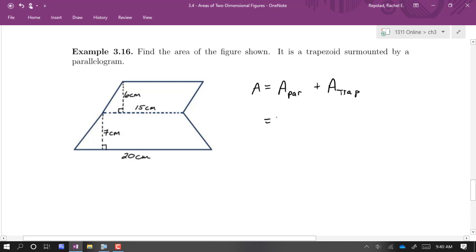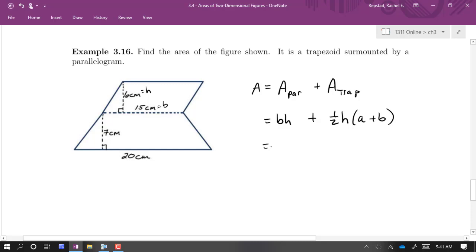The area of a parallelogram is given by base times height. The area of a trapezoid is 1/2 times the height times the sum of the bases. So for the parallelogram, the base is this 15 centimeters, and that's perpendicular to this height of 6 centimeters.